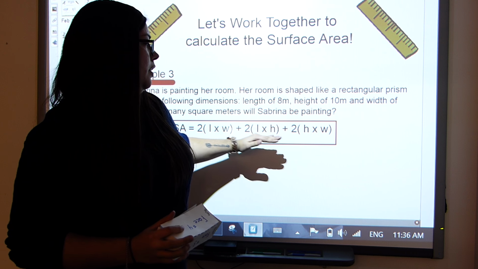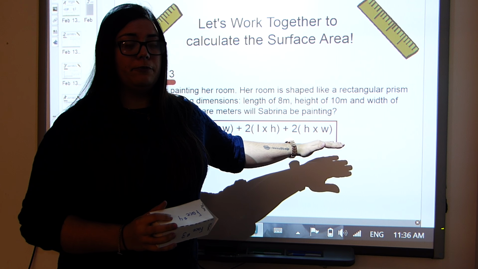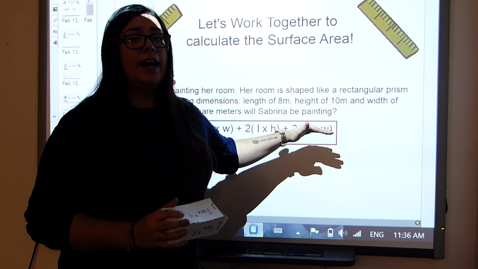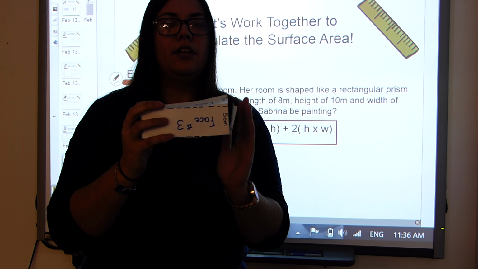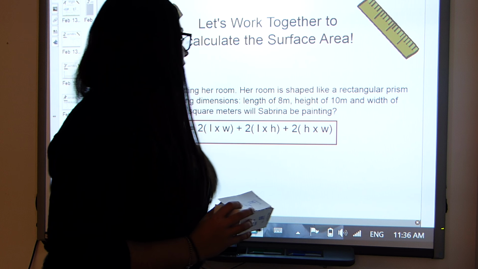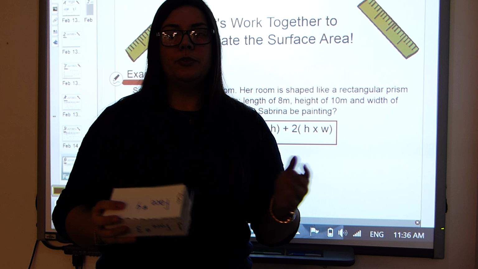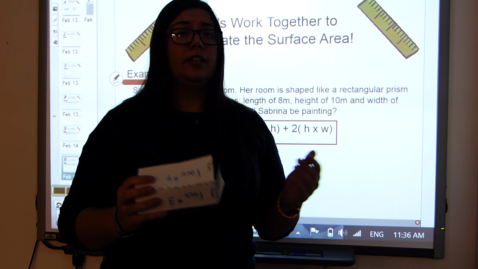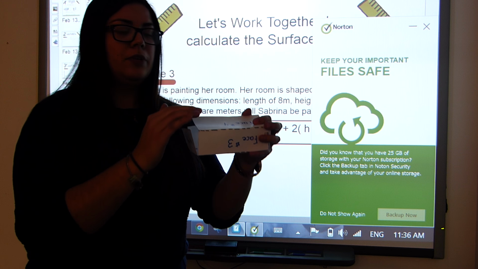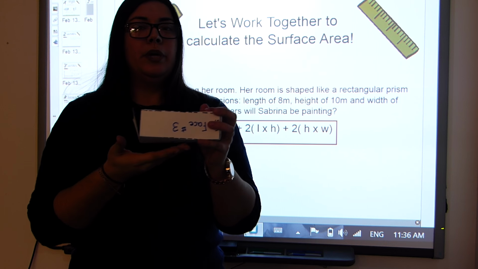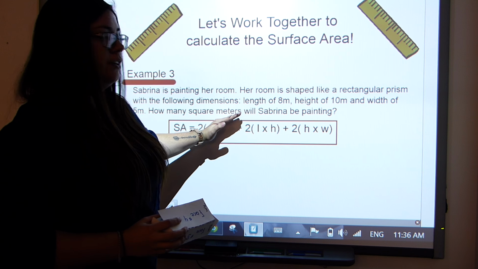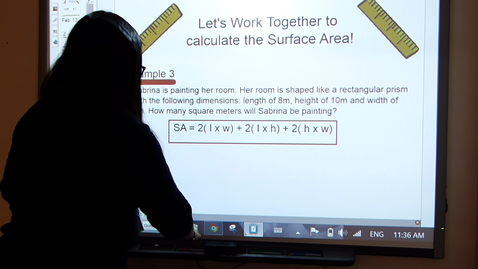So these two variables of the equation have to stay in there because the height is a part of every single equation there. But the ceiling and the floor would just be measured by length and width. So because we're getting rid of length and width, we can actually completely erase this part of our formula.